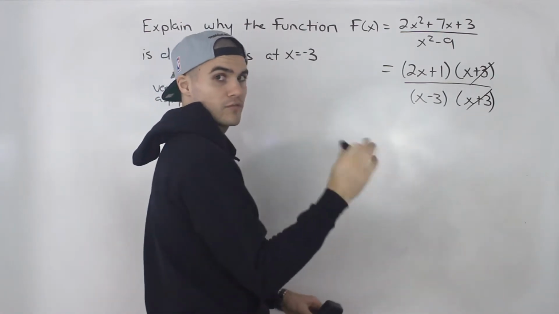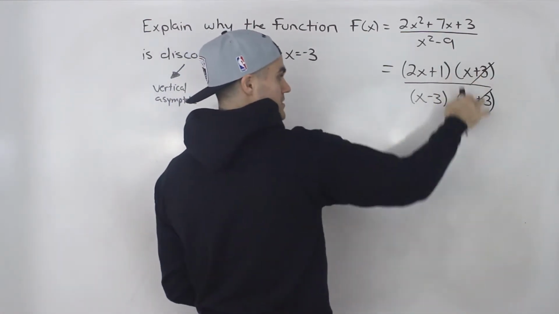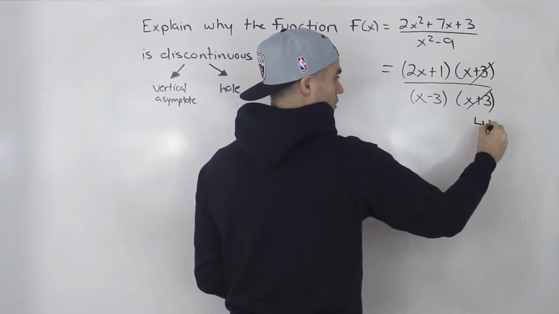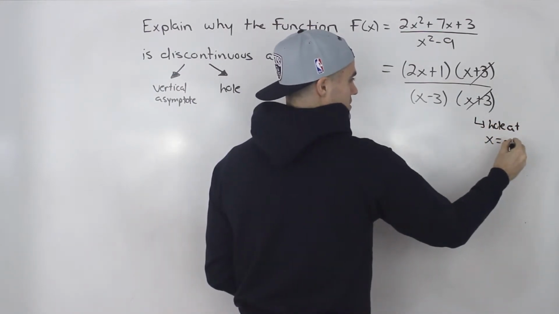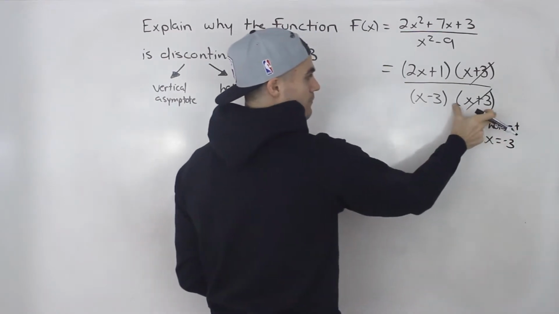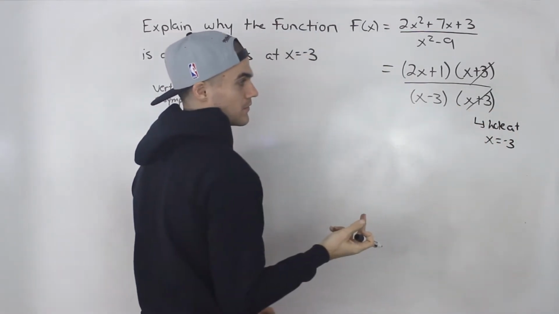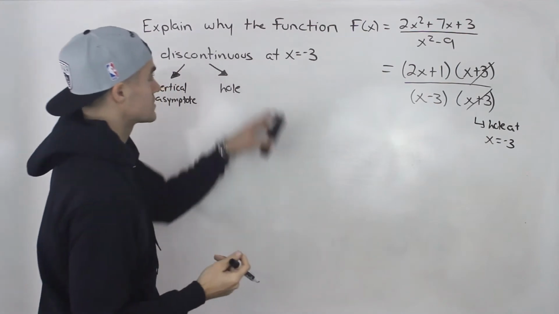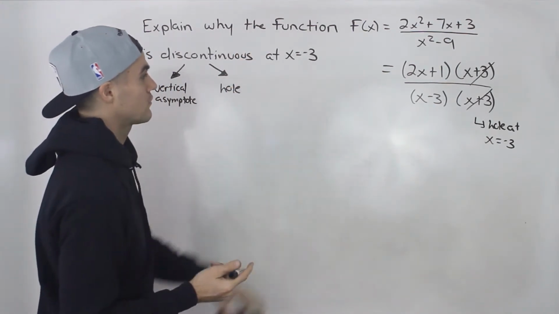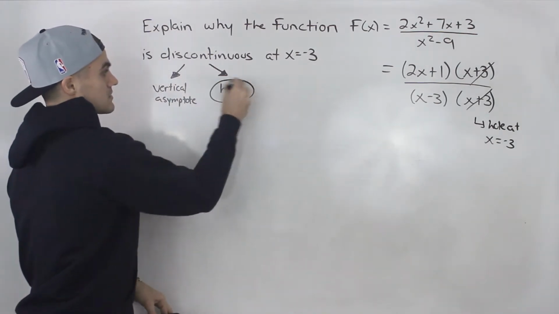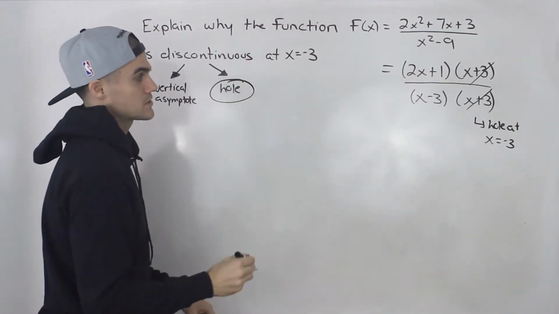And if you remember from advanced functions, when this happens, it means that there's a hole at x equals negative 3, at that x value that makes that term 0. So that's the answer to this question. This function has a hole at an x value of negative 3, hence why it's discontinuous.